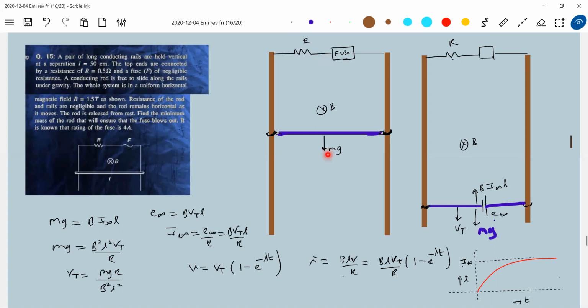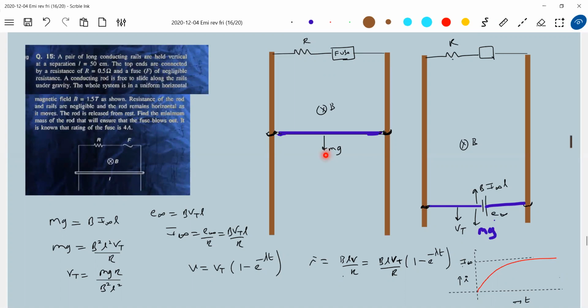Find the minimum mass of the rod is what it's asking. So how to bring that into the picture? Maximum current should be greater than 4.